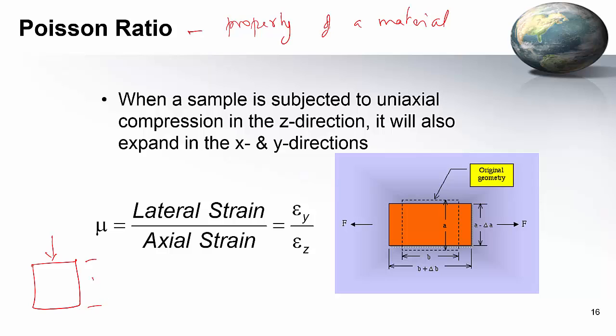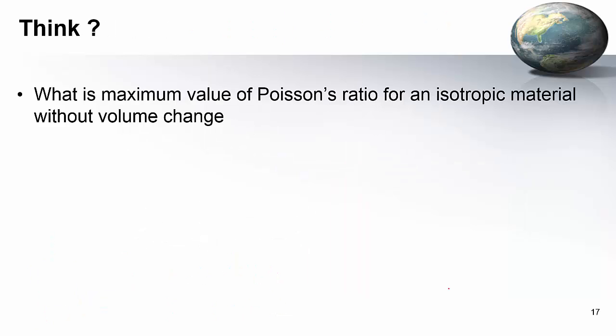If this is L, and this is B, this is delta B, and this is delta L, the axial strain is parallel to the force, which is delta L by L. The lateral strain is in the other direction, which is delta B by B. So the Poisson's ratio is the lateral strain divided by the axial strain.